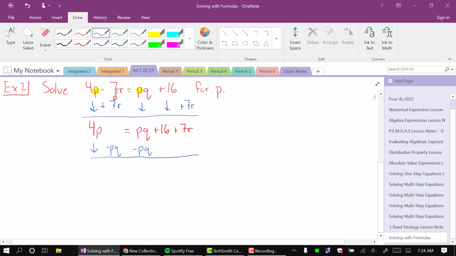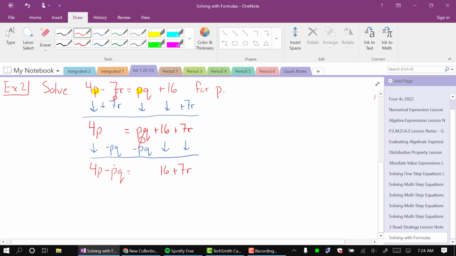Go ahead and bring down the 4p, bring down the 16, and bring down the 7r. So on the left, I have 4p minus pq. And on the right, I have a positive pq and a negative pq, which gives me a 0. And then I just have 16 plus 7r.